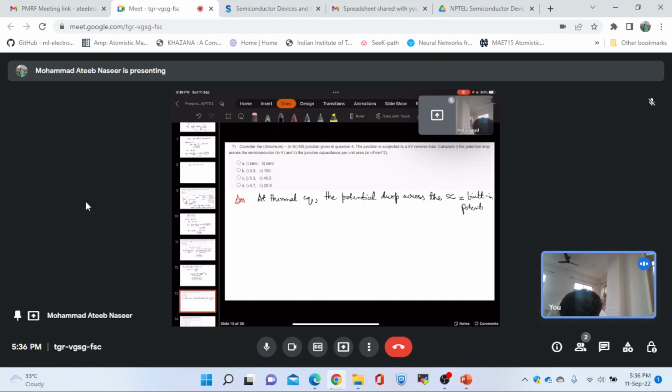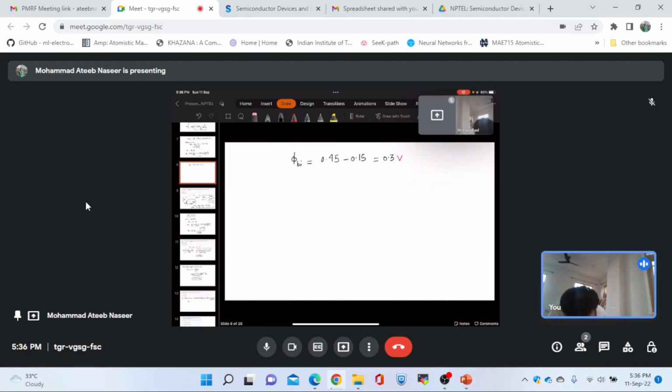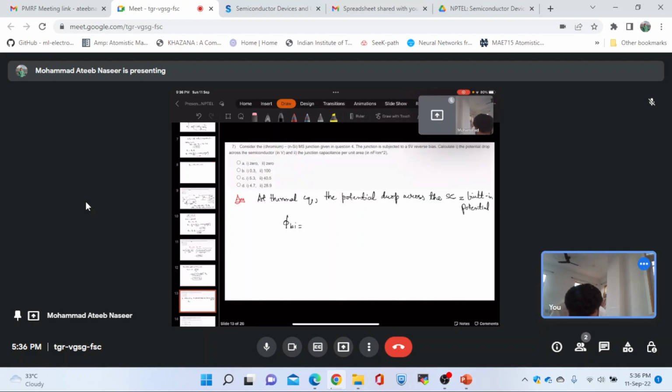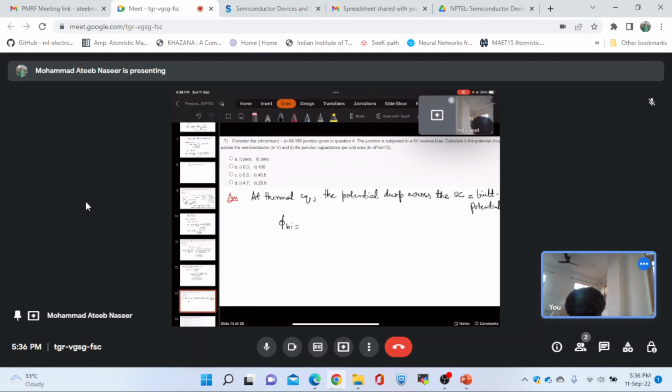It is simply equal to the built-in potential, and that built-in potential in our case was 0.3 volts. Okay, it came out to be equal to 0.3 volts. Now at some reverse bias which is of 5 volts, this will appear across this semiconductor junction, and across the metal there will be negligible drop.